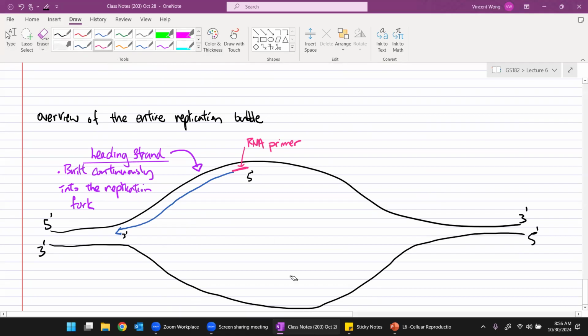At the bottom, you're going to have a primer here. And just think about the direction. So the black one is 3 on the left, which means the new one is 5 here, and then 3 here, right? So the DNA polymerase is going to go this way.